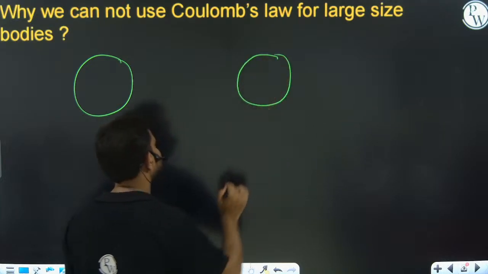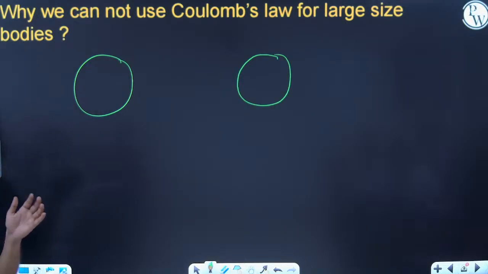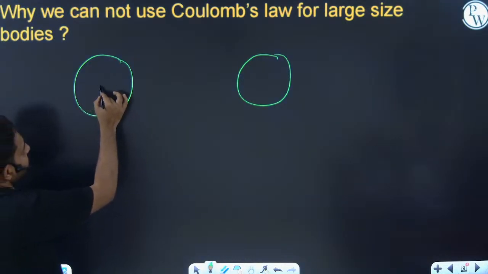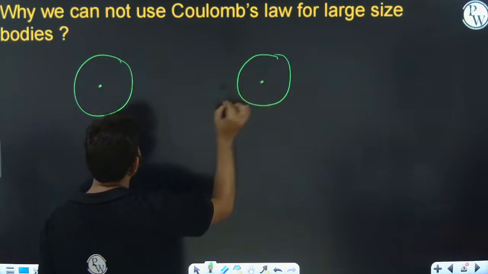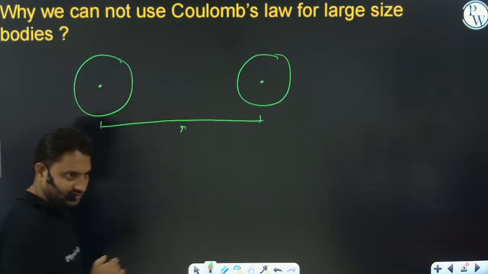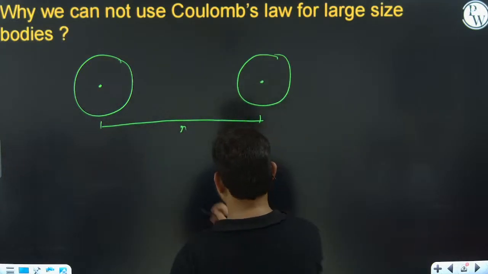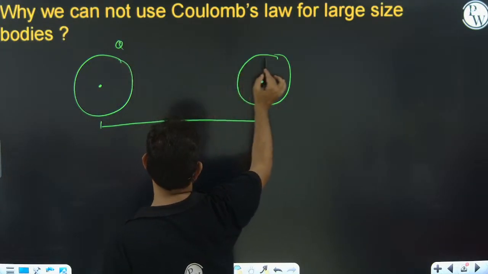Both are given some positive charge, and this positive charge will cause a repulsion. This is the center, this is the center, and the centers are separated by distance r. If Coulomb's law can be applied on them, this has charge q, and this also has charge q.